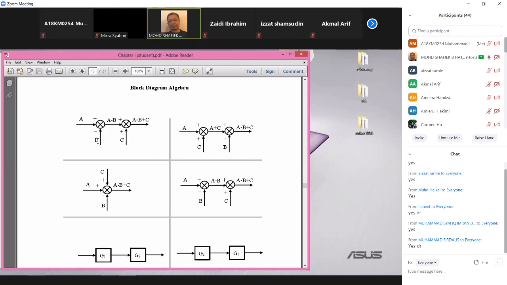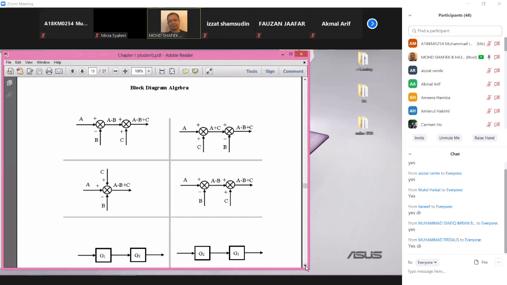You can add the first signal and then the second signal, or you can add the second signal and then you add the first signal. It will not make any difference. It is just equivalent. You can also split a single summing junction into two summing junctions. You can add together both signals, or you can add one at a time. So we say that this is equivalent.